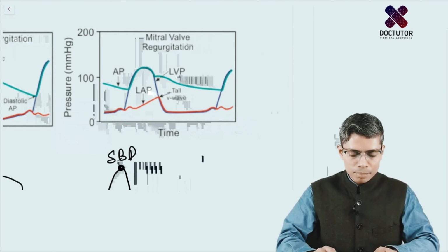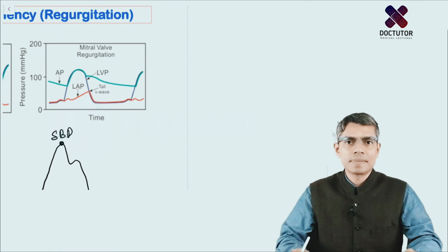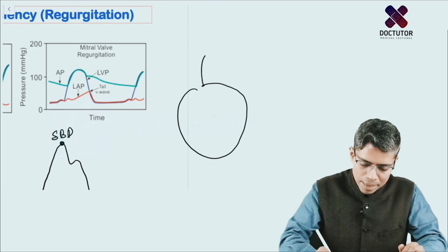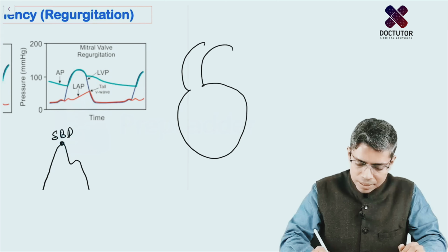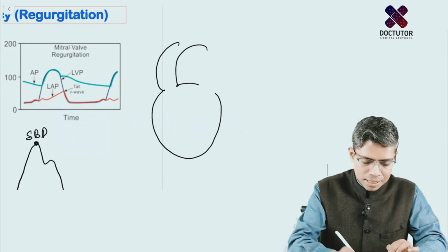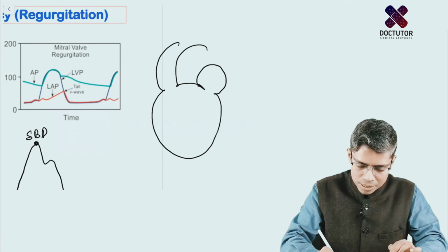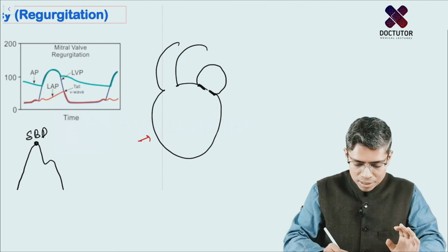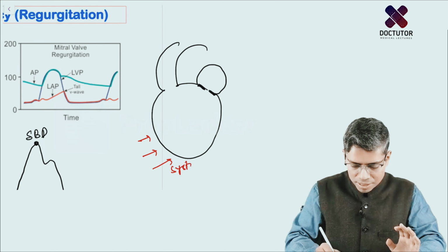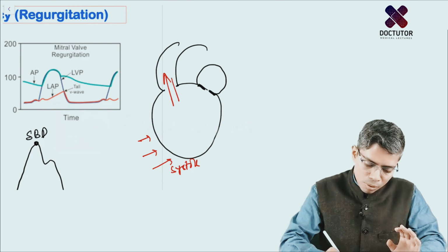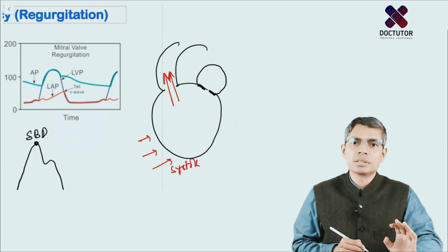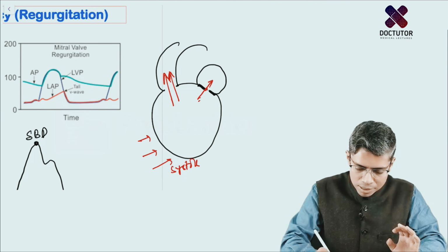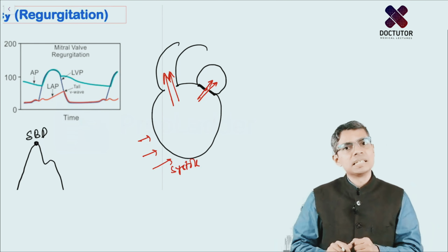Okay, now if you look at mitral valve regurgitation, where the regurgitation is occurring, the blood is regurgitated back to the left atrium through the mitral valve. So this is the mitral valve which is not closing properly, due to which during systole, when the ventricle is contracting, the blood should go only in one direction, towards the arch of aorta, but the mitral valve is not closed properly, so some blood is also going back to the atrium.